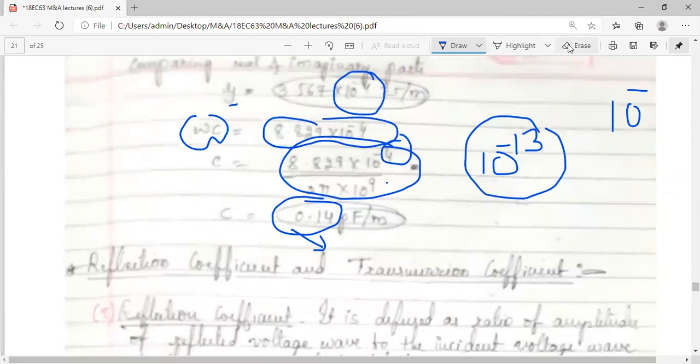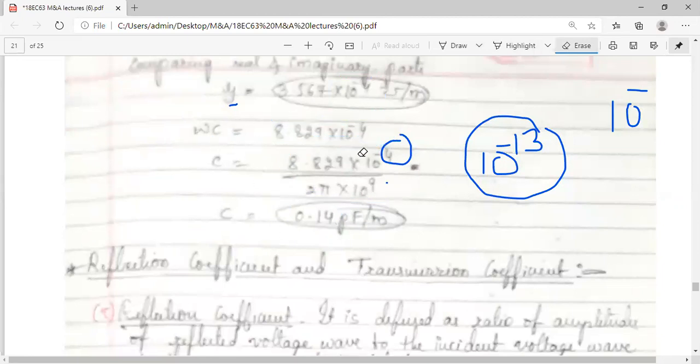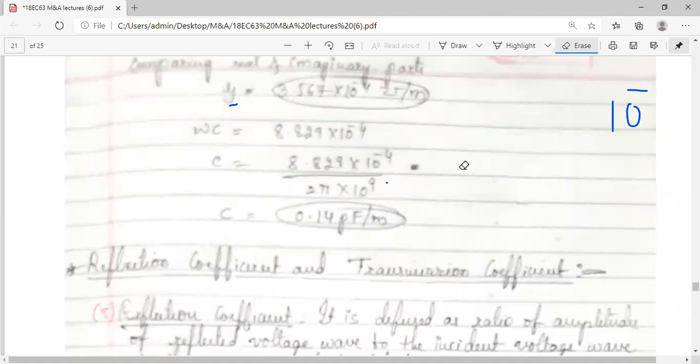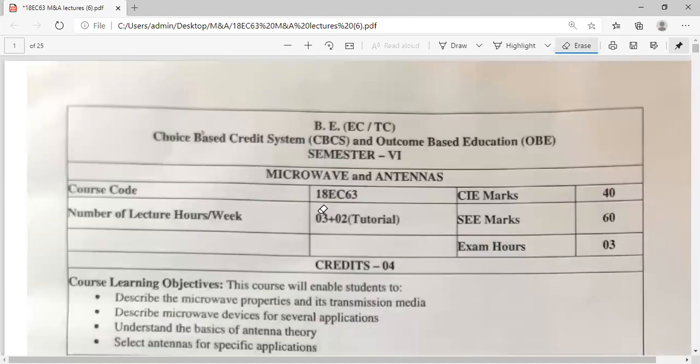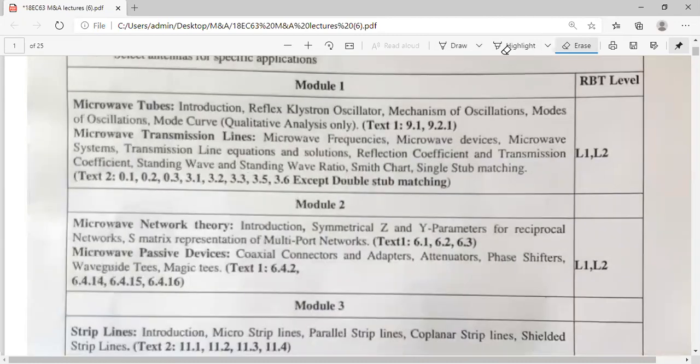Now, in today's session, let us discuss the reflection coefficient and the transmission coefficient. That is your next concept in your syllabus. You can see here, we have now covered the microwave frequencies, devices, systems, equations.